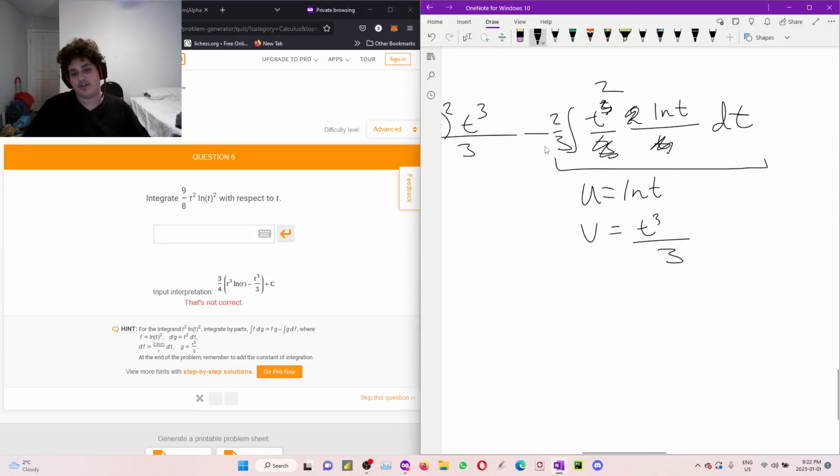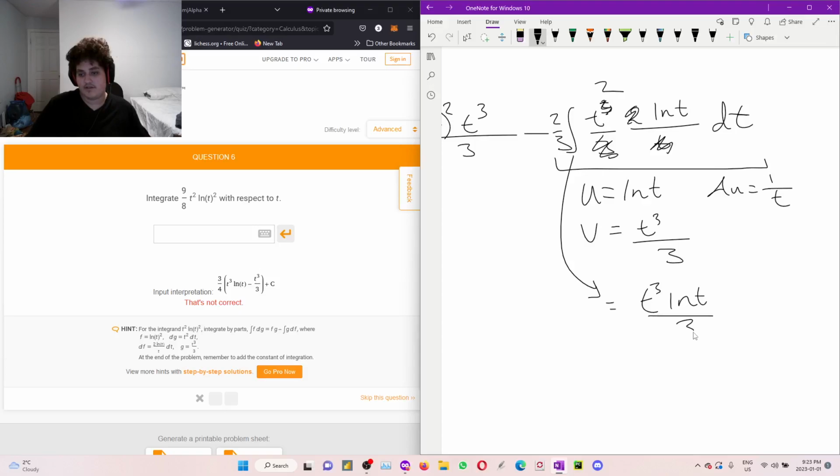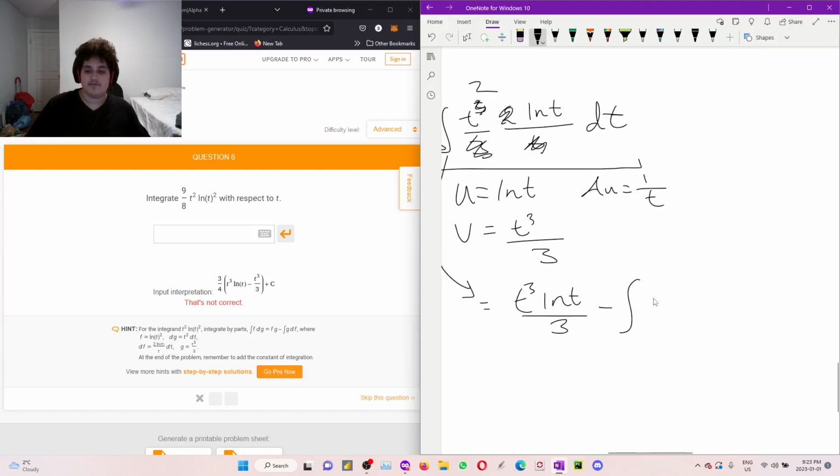So from here we can rewrite this integral as uv, and du equals 1 over t. So uv is t cubed ln t by 3, minus the integral of v du, t cubed by 3 times 1 over t dt.